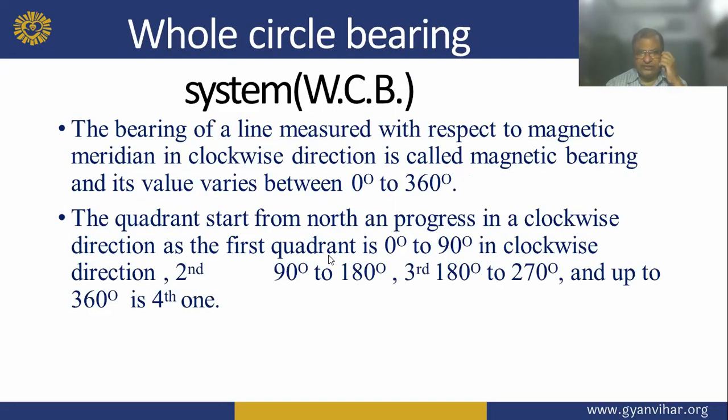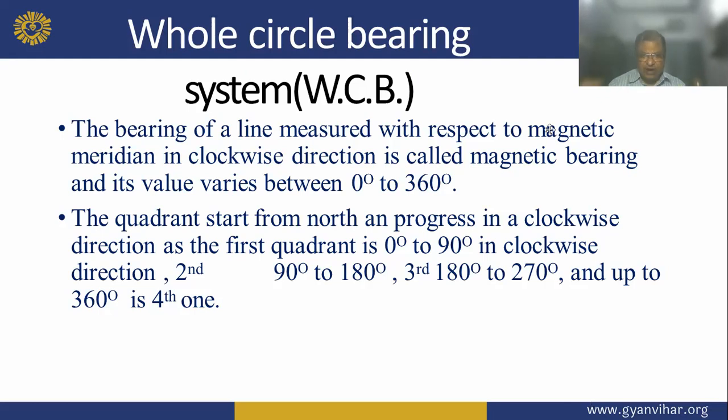So what is the whole circle bearing? The bearing of a line measured with respect to the magnetic meridian in the clockwise direction is called the magnetic bearing, and its value varies between 0 and 360 degrees.